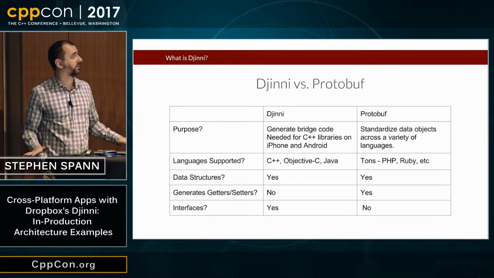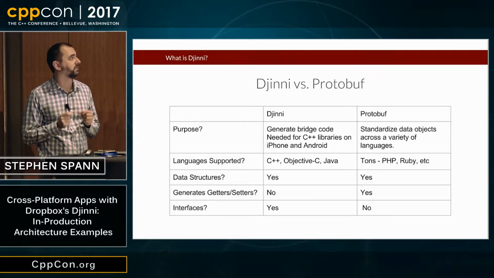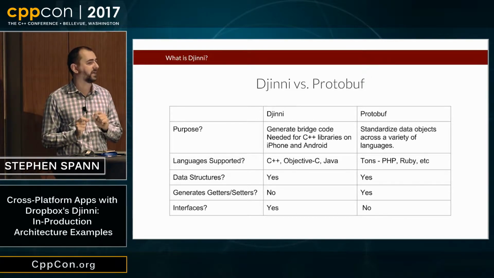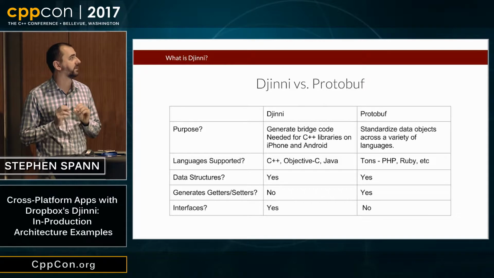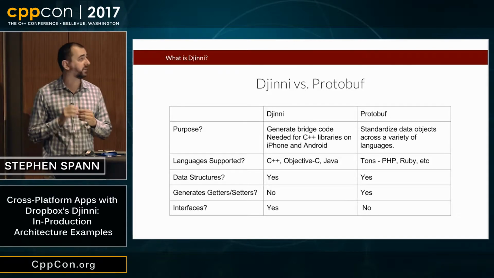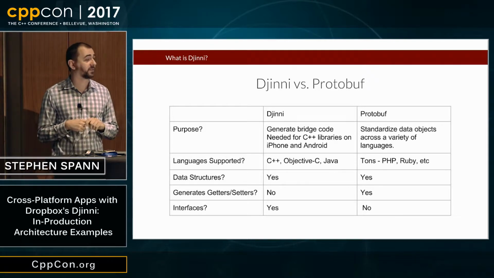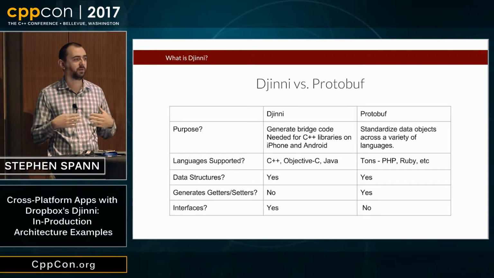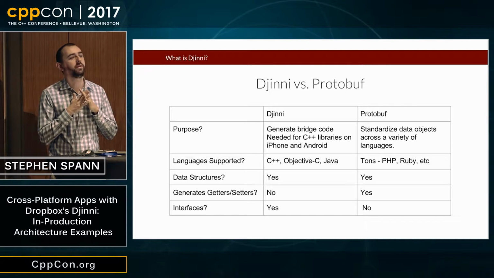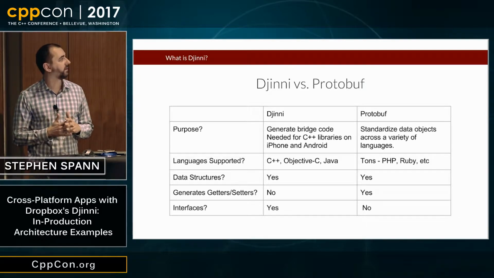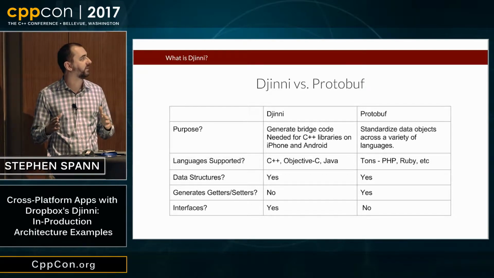Quick little clarification. There's another tool that deals with IDL files and generating code for all these languages called protobuf. So I wanted to compare these 2 things real quick. They have different purposes overall. Djinni's really focused on iPhone and Android development. There's just the languages involved there.